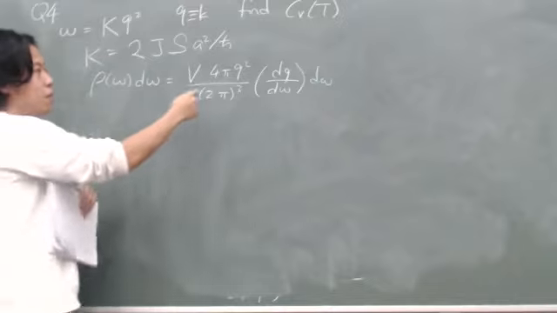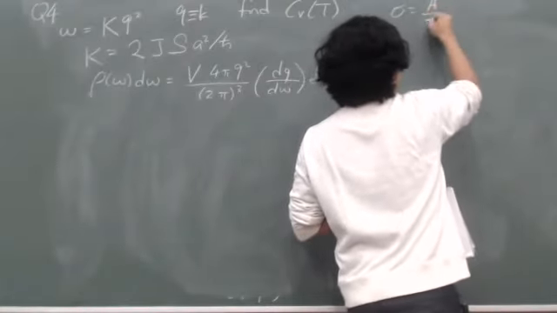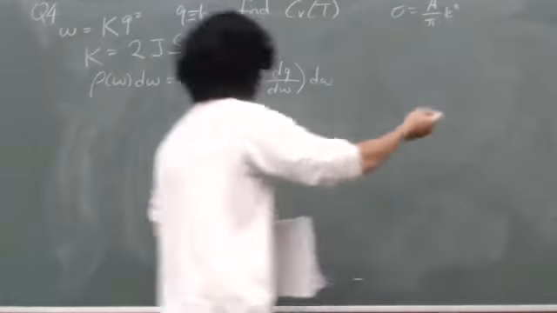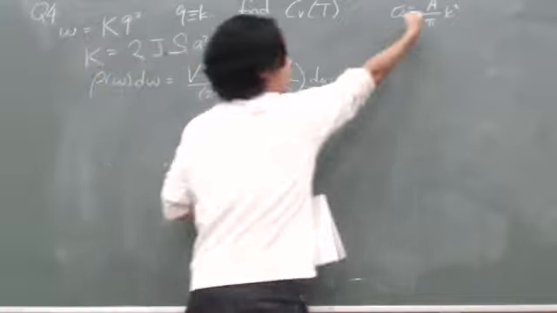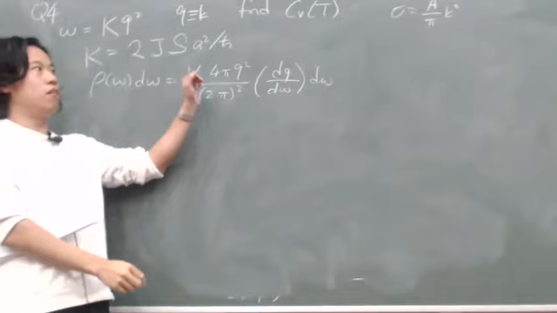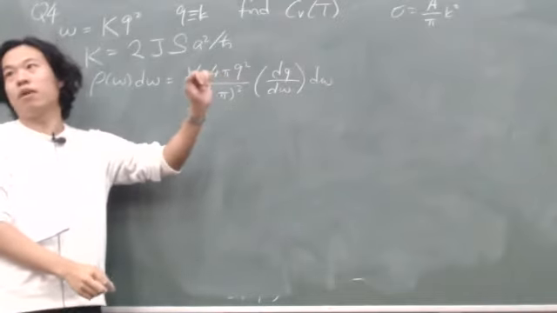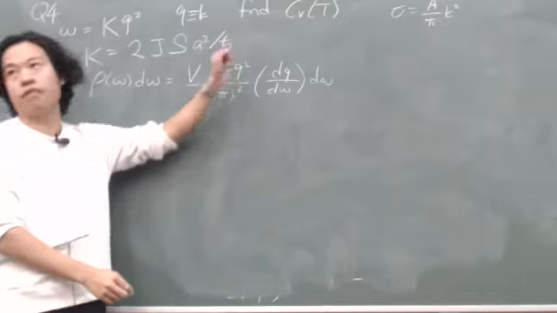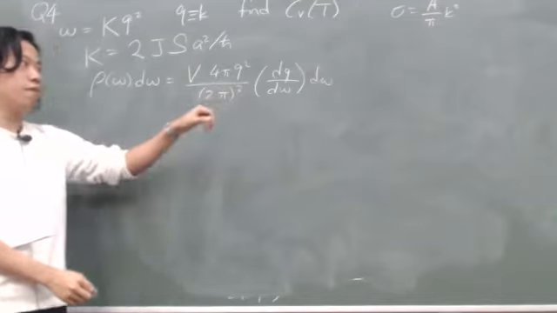Before, we had sigma equal to A divided by pi times k squared. So k is q. Instead of area A, in 3D we now have a volume. And because it's 3D, the total number of allowed states, rather than being the area of a circle, is now the surface area of a sphere, so it's 4 pi r squared. And this 2 pi cubed is like a phase space factor.